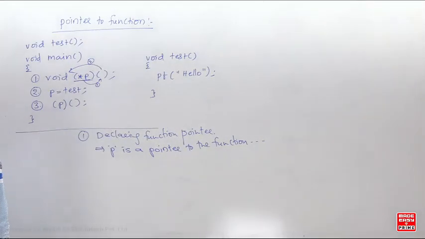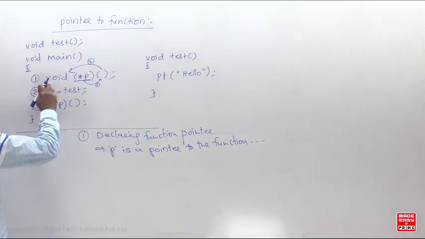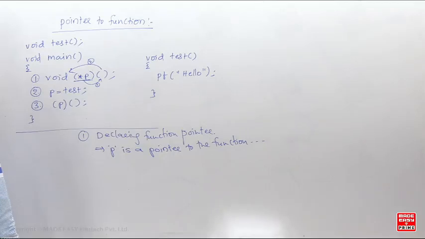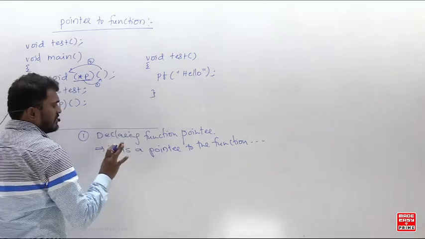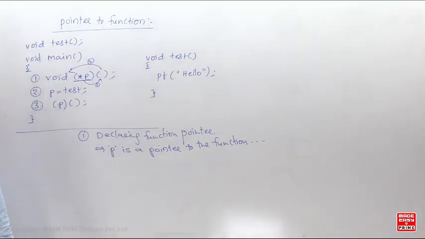Okay, so this is called declaring the function pointer. Is that clear? You are declaring the function pointer, which is called P is a pointer to a function, a pointer to the function which does not take any arguments and returns void.